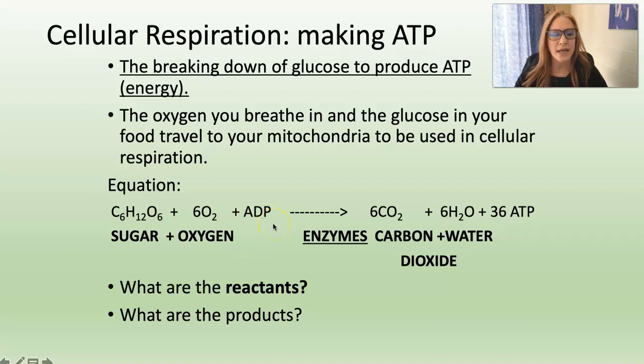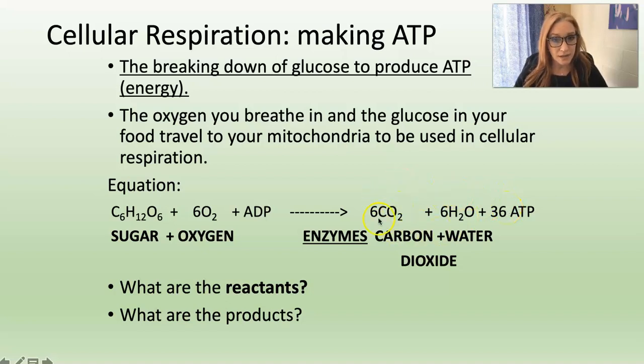We talked about how ADP is like an uncharged battery. It is just a molecule waiting for more electrons to be put into it. Inside the mitochondria, that is where this is happening. It's taking sugar and oxygen and using some enzymes to turn this ADP into ATP.